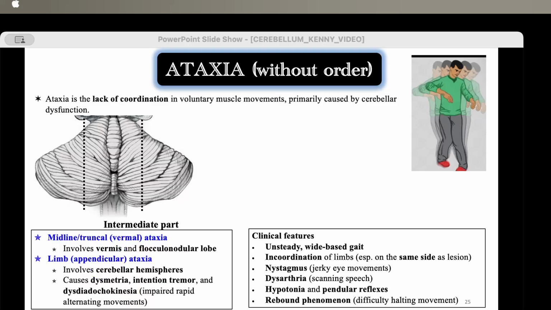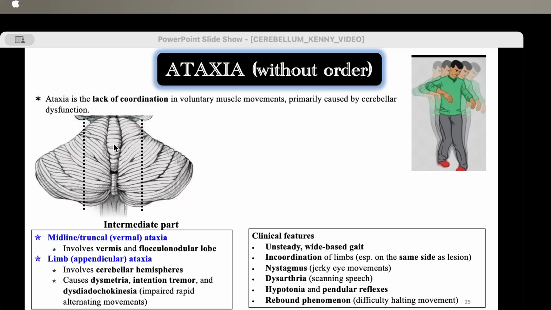So a person can lose coordination of the trunk or coordination of the limbs. So we have two types of ataxia according to the functional classification of the cerebellum. We have trunk ataxia, loss of coordination of the trunk, and this will be due to damage on the flocculonodular, on the vermis of the cerebellum.